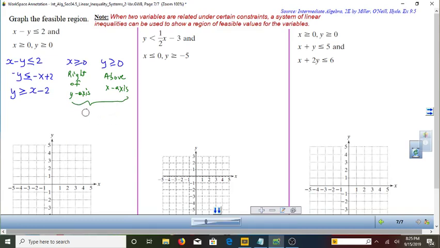We'll call it quadrant 1. And then this is just the line where we're going to draw a solid line and shade above. So we're looking at a region that is in the first quadrant above this line.